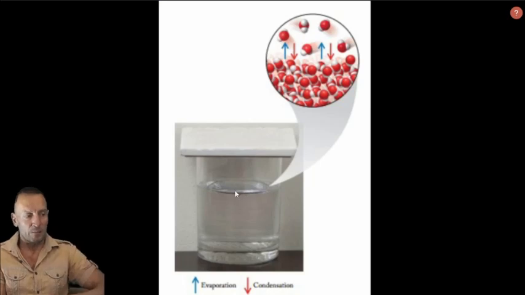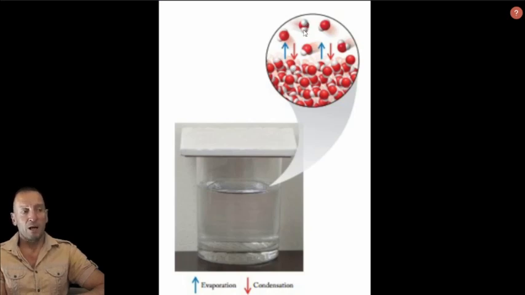Now look at what's happening with the closed glass. We've got two processes. One is evaporation, and the other is condensation. That means the water goes from gas to liquid. And we've got a constant exchange of the two phases, liquid and gas. Some of the molecules get too high and they go up.